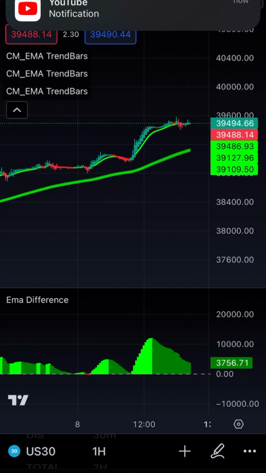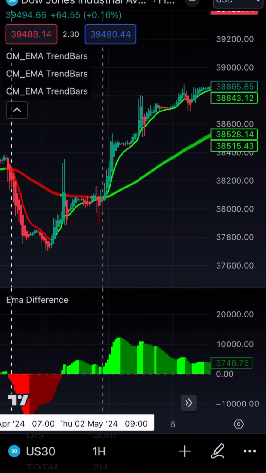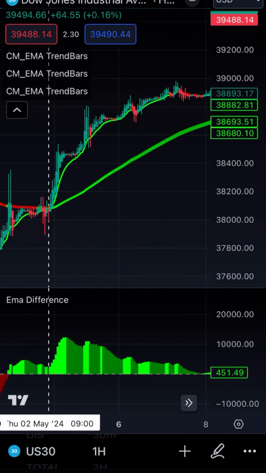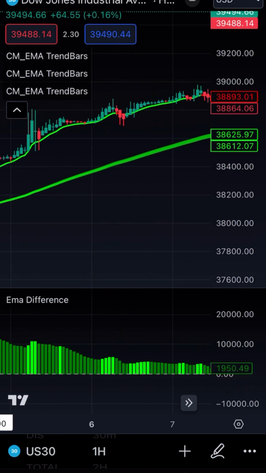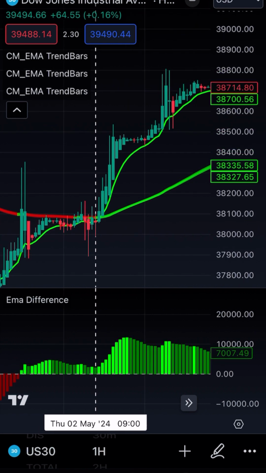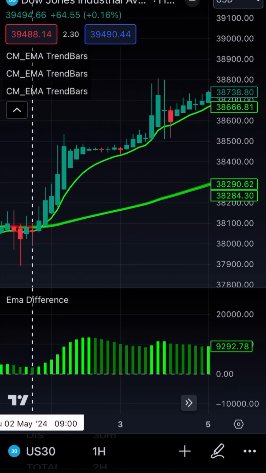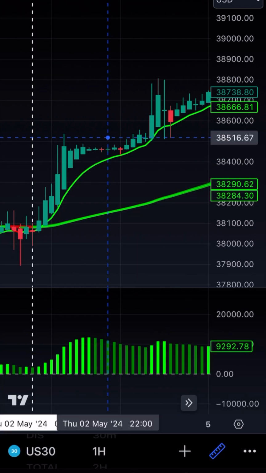So I kind of want to go over 2 scenarios here. Scenario 1 is you get in at the cross. And scenario 2 is if you miss the cross, where are good times to get in? This is why I do it on the hour, because you get more of the direction here.